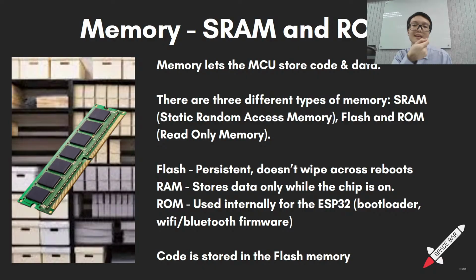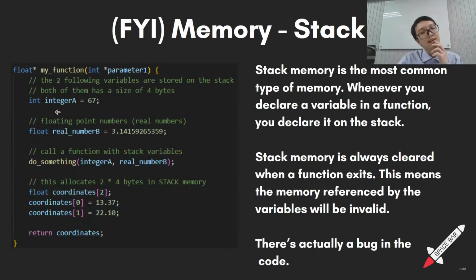You don't really need to memorize all this, but stack memory is the most common type of memory. As you can see here, you got two variables, integers and floating point numbers, which are basically real numbers, and they are stored on the stack. Each of them requires 4 bytes of data.